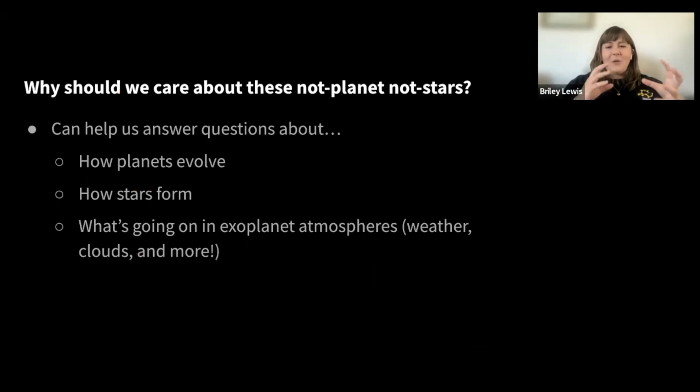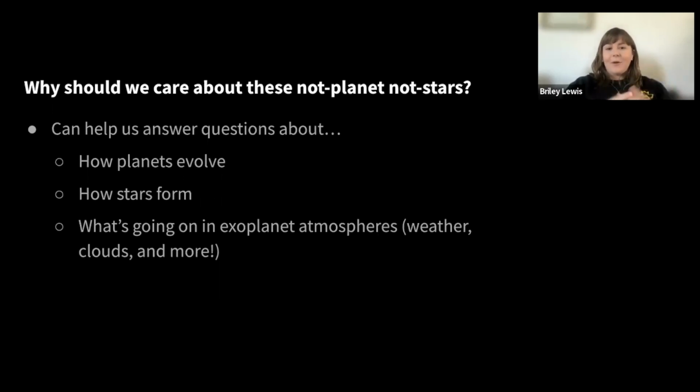Because they can help us answer questions about what's the difference between forming a big planet like Jupiter and forming a full-on star. And because they're bigger and brighter than Jupiter and therefore easier to see, they can help us start to answer questions about how planets evolve and what's going on in exoplanet atmospheres, because it's easier to see their atmospheres than it is to see Jupiter's, but we think they have a lot in common.